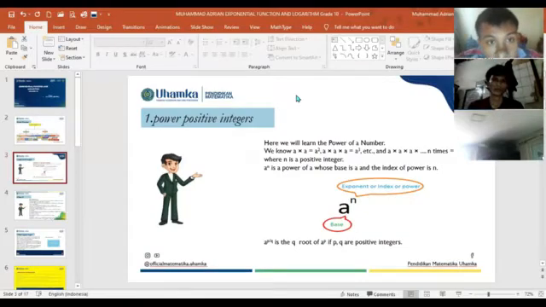Number 1, power of positive integers. Here we learn the power of numbers. We know a power 2 equals a times a.